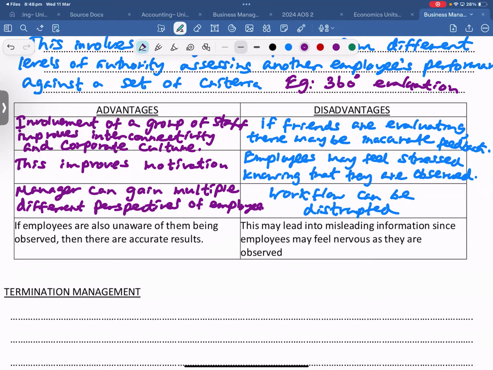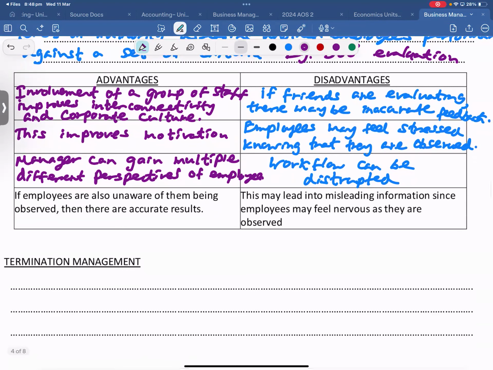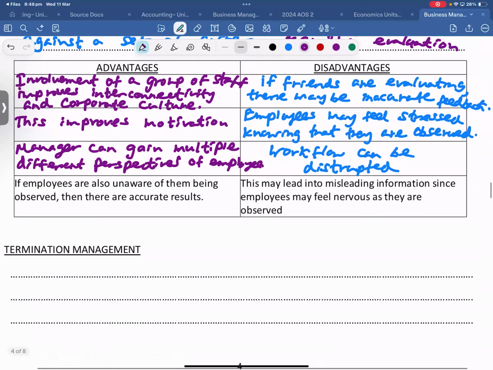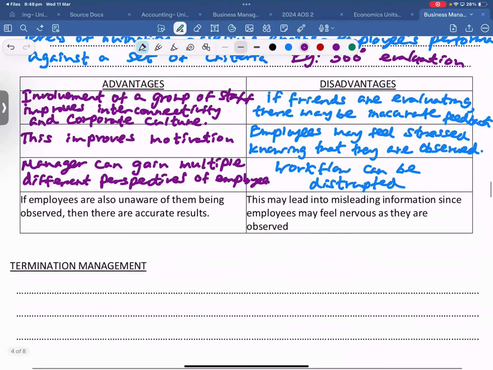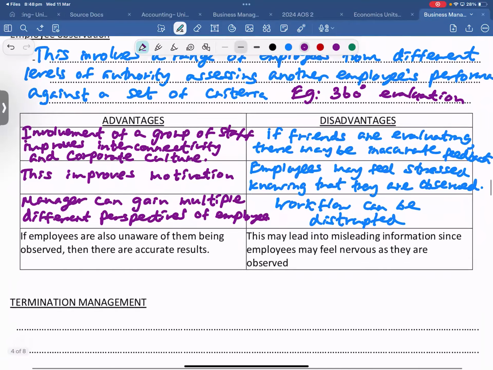Then disadvantages, of course: friends will exaggerate, or give inaccurate feedback. People can be stressed, workflow can be disrupted while you are observing the others, things like that. Okay, so those are the pros and cons of employee observation, right?